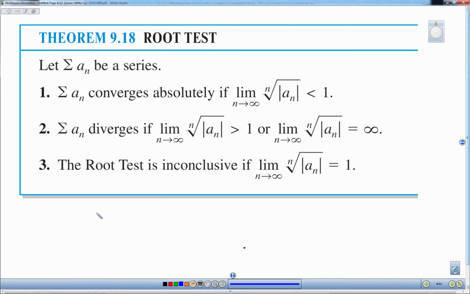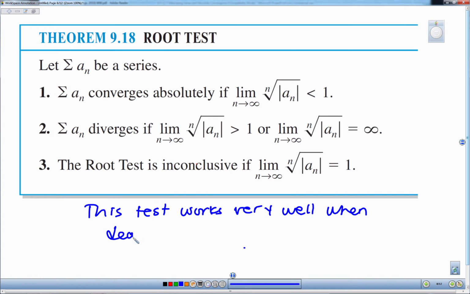This test works very well when you're dealing with powers to the n, factorials, things of that nature.